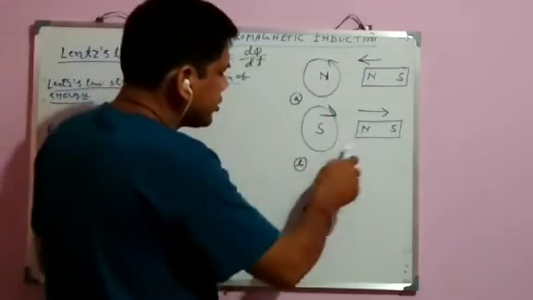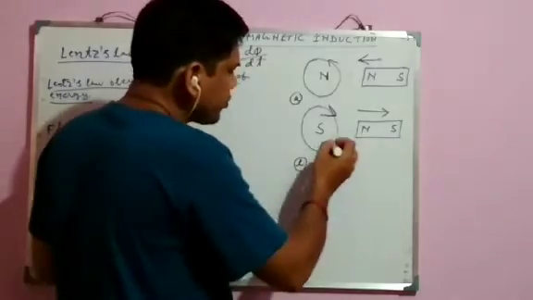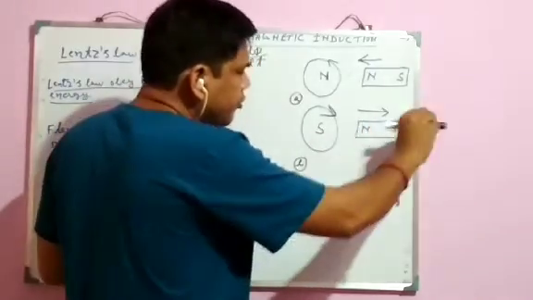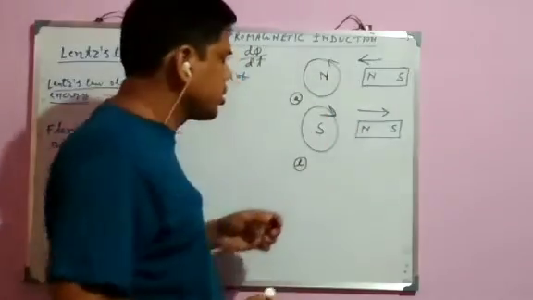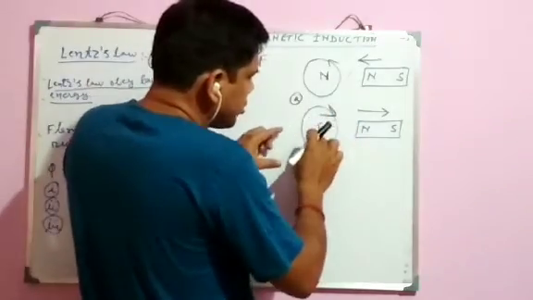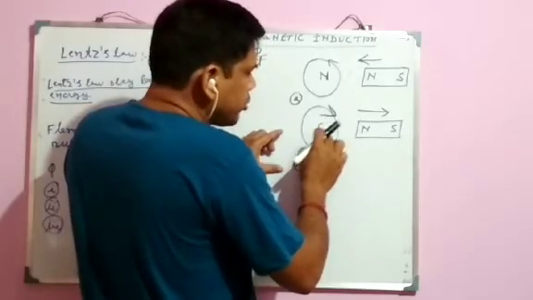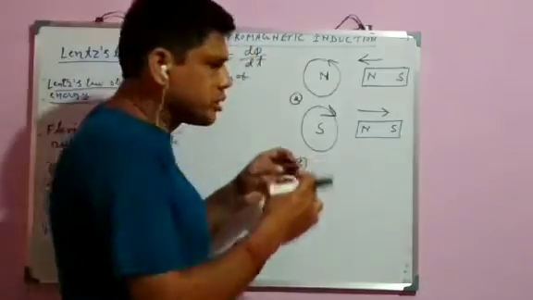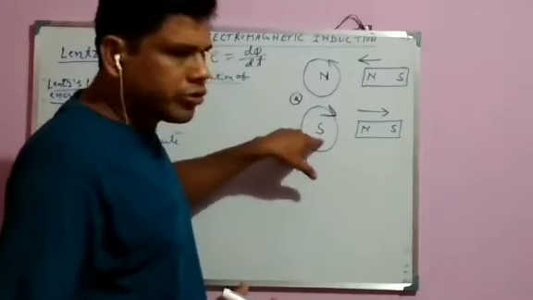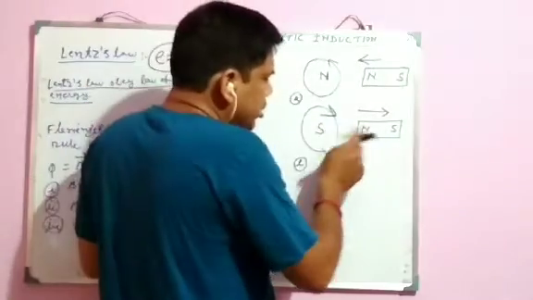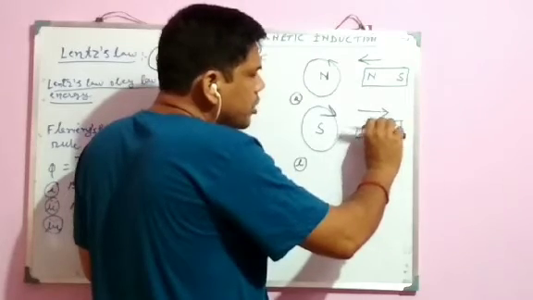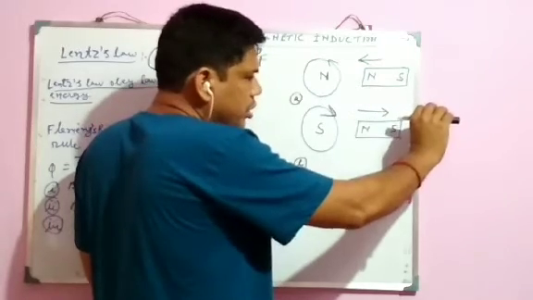Now you see in figure B also, when the bar magnet is moving away from this coil, due to Lenz's law, this face acts as a south pole. So now the south pole and north pole attract each other. Because of this attractive force, the external agency has to do work to move this bar magnet away from this coil.